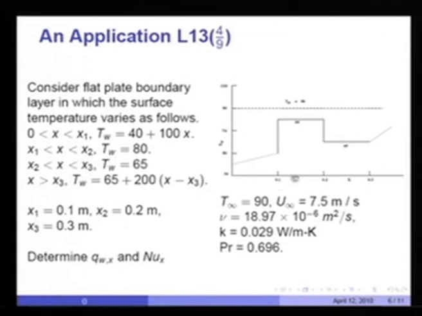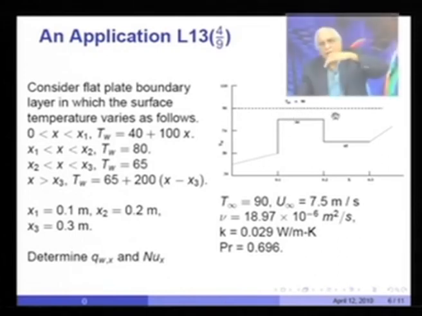Now, at x 1 the temperature suddenly rises to 80 and remains so up to 0.2. So, there is a constant temperature, but still less than the free stream temperature. From x 2 to x 3 the temperature is lower now, at 65 degrees centigrade. For x greater than x 3 the temperature again rises linearly, let us say as 200 times x minus x 3 plus 65.